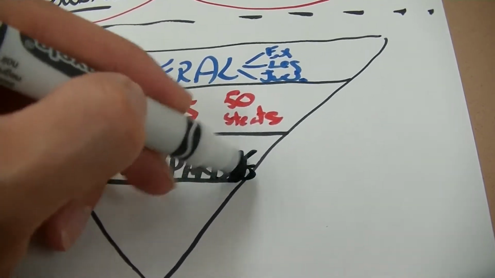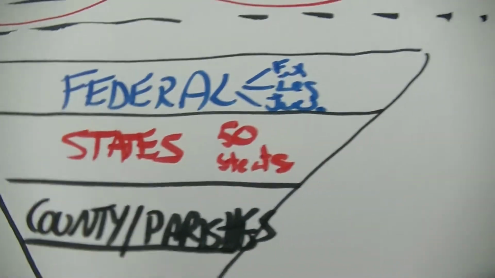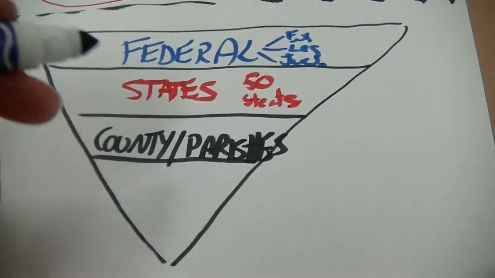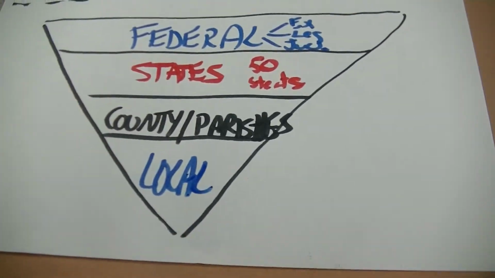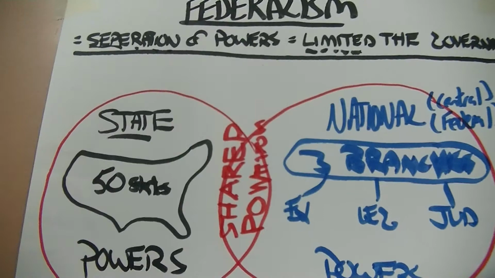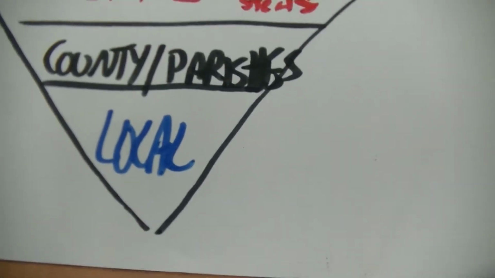You don't have to know that. I'm going to put it in there for my sake. So they have county governments. And then you have, at the bottom, the smallest, local government. So this is how power is divided. National, state, county, and then local government.